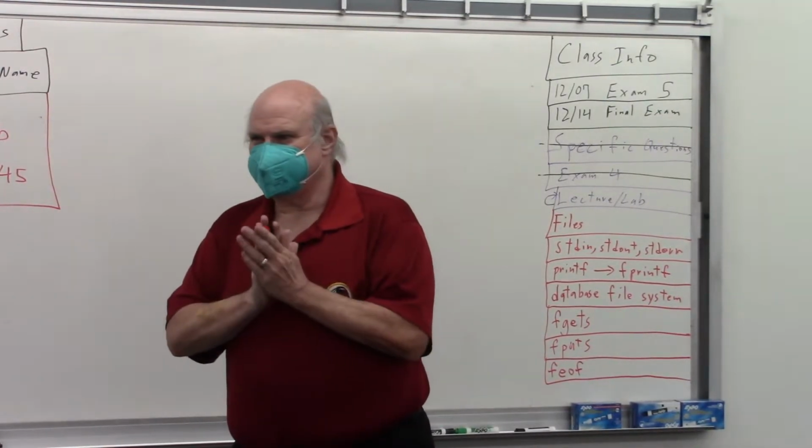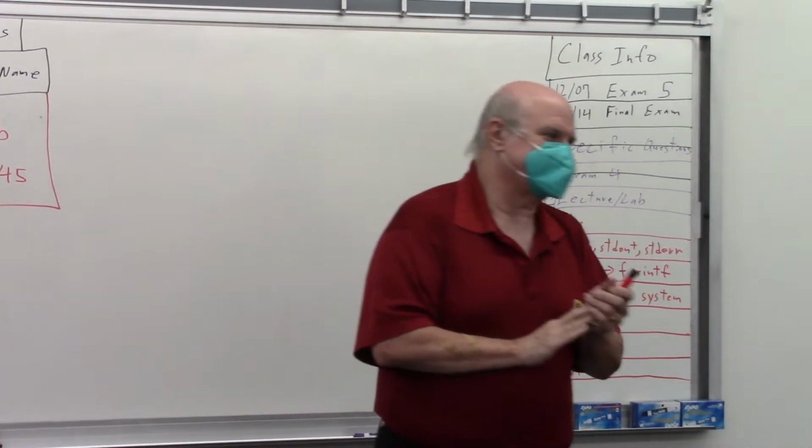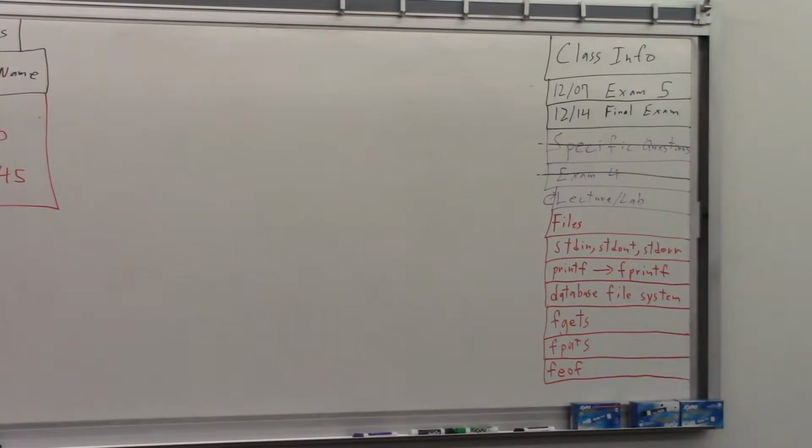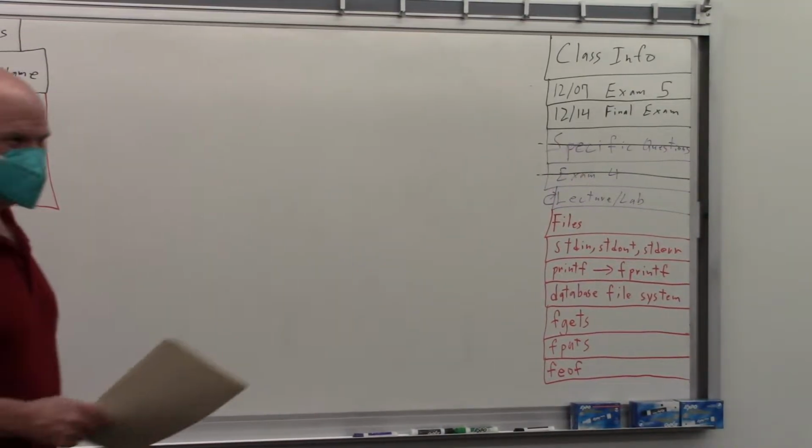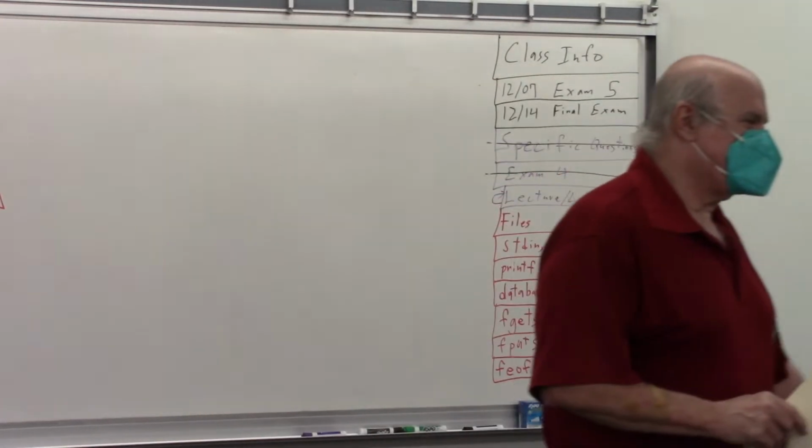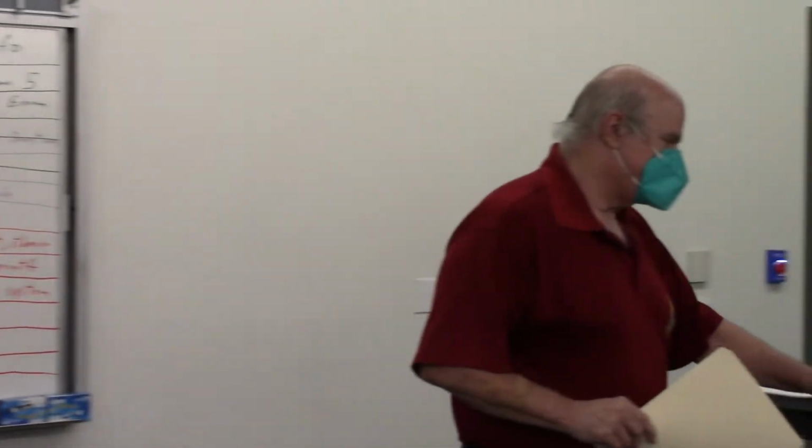Okay, subject is files. Where did the topic files come from? It's important to know where things come from. We talked about earlier on where the topic of computers came from. Computers came from people who were doing computations.